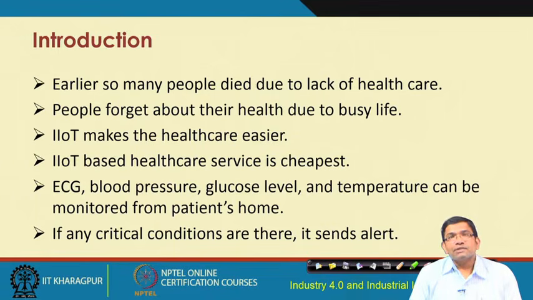So, these systems could be further developed. These different sensors could be inter-networked, so that if any patient has a critical condition, different levels of alerts could be sent to the healthcare facilities or hospitals to which these patients are registered.